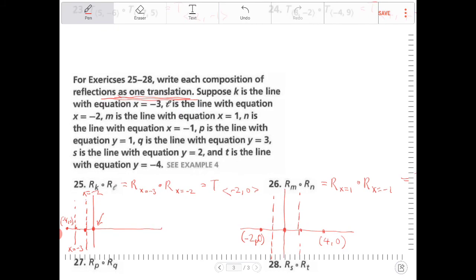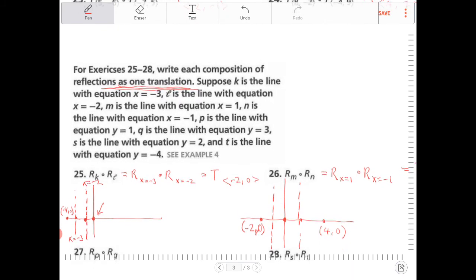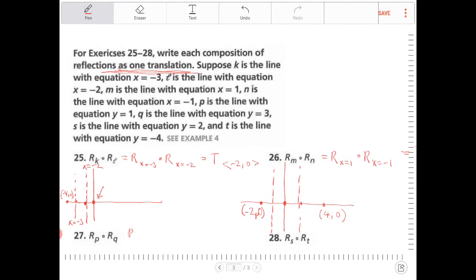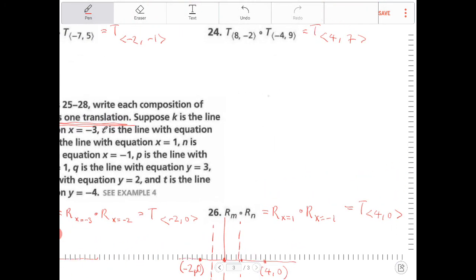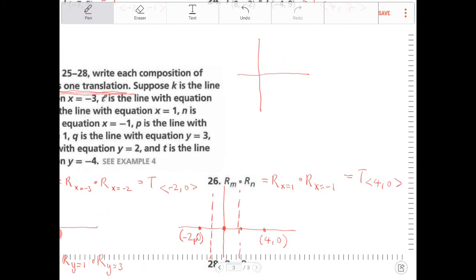And what is P and Q? P is y equals 1. And Q is y equals 3. So similarly, I can make a very similar kind of process here. I want to draw where there's space because I'm running out of room really fast.